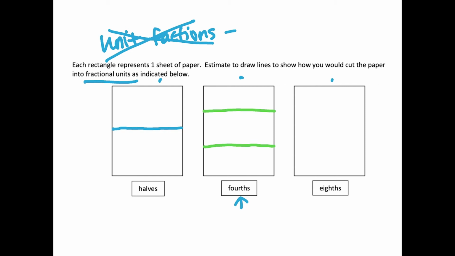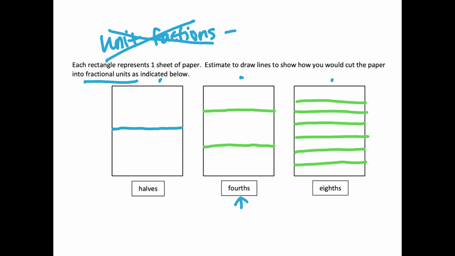So I know I'm going to have to make these a little bit smaller. 4, 5, 6. So now I have eighths. 1, 2, 3, 4, 5, 6, 7. Oops, nope, I didn't do it right. 7.